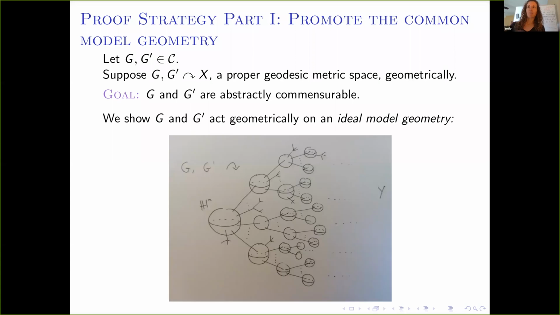And the first step of the proof is to show that if G and G prime act on some arbitrary proper geodesic metric space, then in fact they both act geometrically on an ideal model geometry that's built out of copies of hyperbolic n space of varying dimensions and trees glued to each other along intervals and points. So this is the natural model geometry for one of these groups, and you can show that they both act on this very nice ideal space.